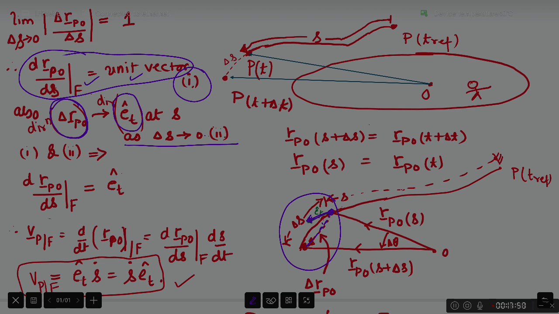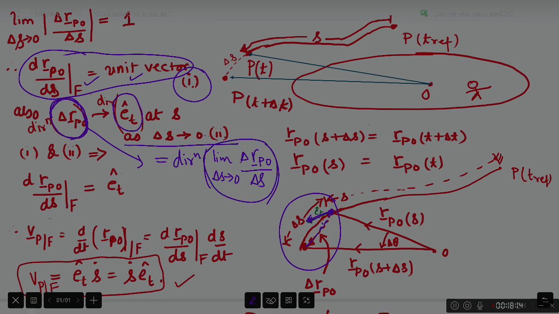The direction of delta RPO has to be the same as the direction of this vector, right? The direction of delta RPO has to be the same as the direction of this vector.